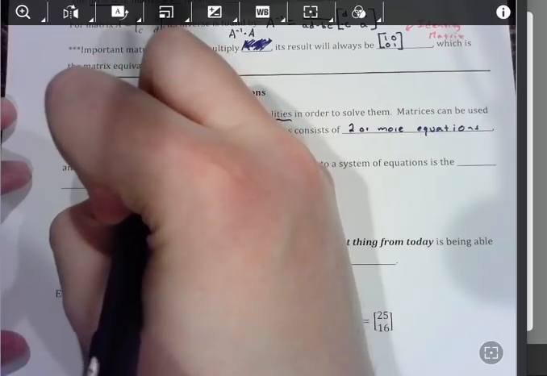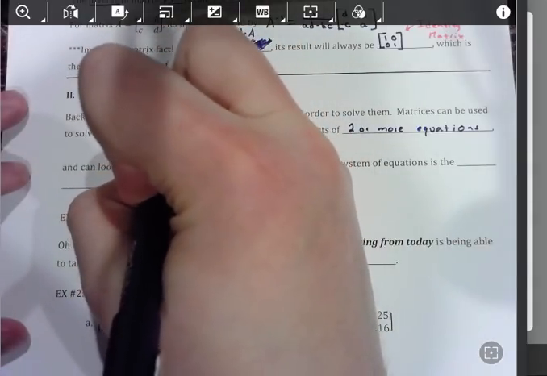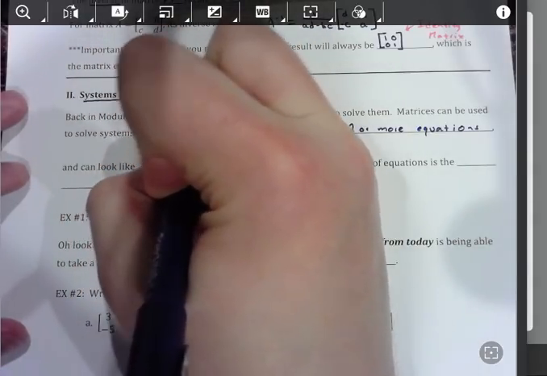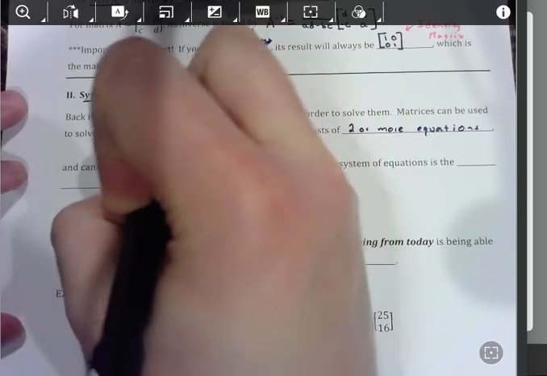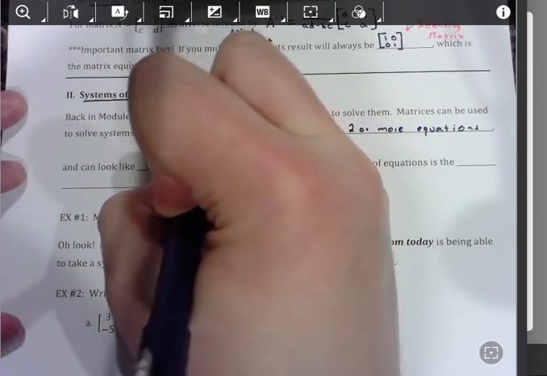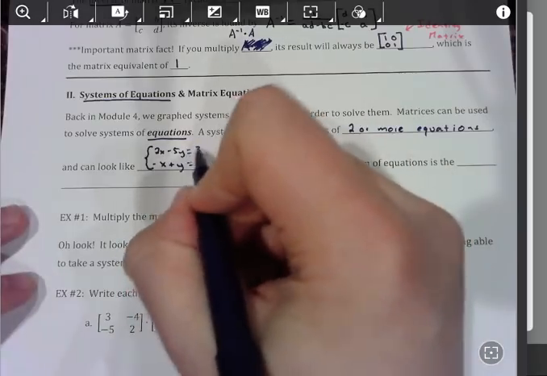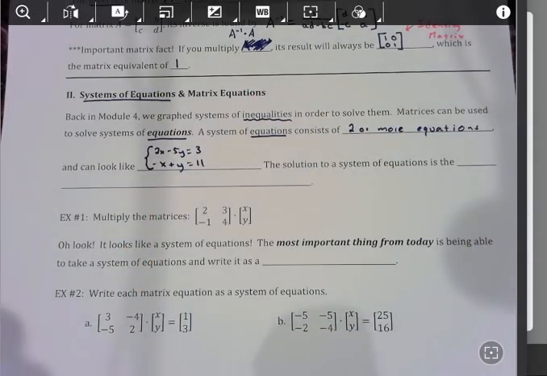If we did a little 2 equation system of equations, we could have 2x minus 5y equals 3, and negative x plus y equals 11. That is a system of equations. Just like we had systems of inequalities, the only difference is these are just equal to, so no shading.